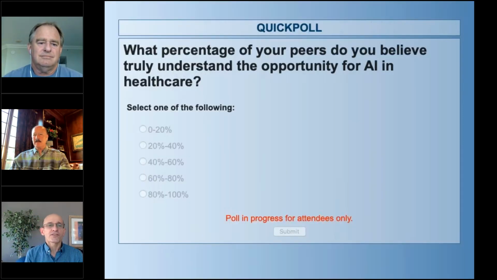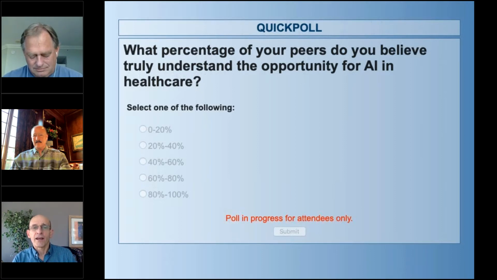So let's first think about this question, to take a read of the audience here: what percentage of your peers in your organization truly understand the opportunity for AI in healthcare? Please select the appropriate response, and we'll pull up the results in just a minute.